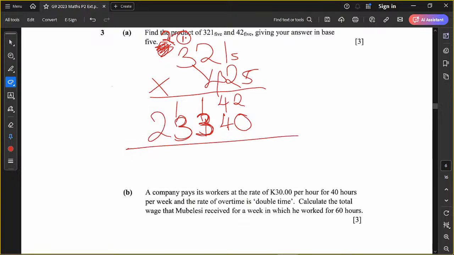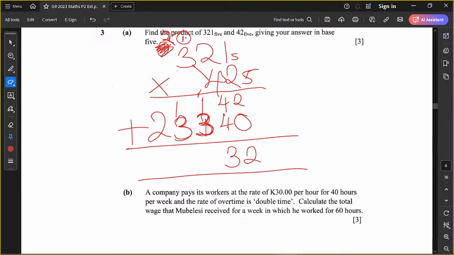Then what do we do? I'm going to add. Okay, then 2 plus 0 will give us 2. 4 plus 4 will give us 8. How many times can 5 go into 8? It will go 1 time, remainder 3. So we have 1 here on top. So 1 plus 1, it will give us 2. 2 plus 3 will give us 5. How many times can 5 go into 5?